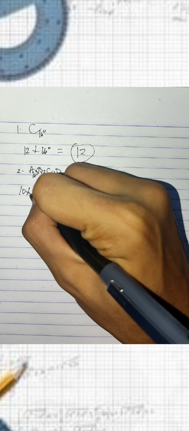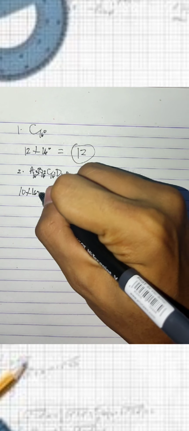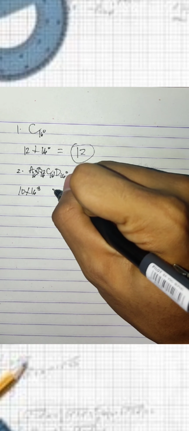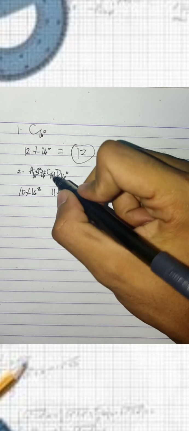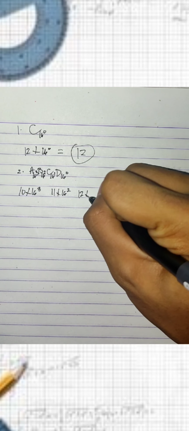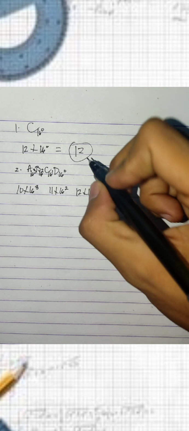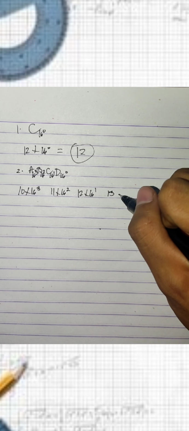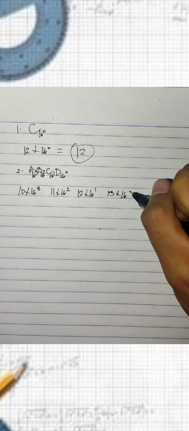Times mo siya sa 16 to the third power. Yung B natin is 11, times 16 to the second power. Yung C natin is 12, times 16 to the first power. Yung D natin is 13, times 16 to the 0 power.